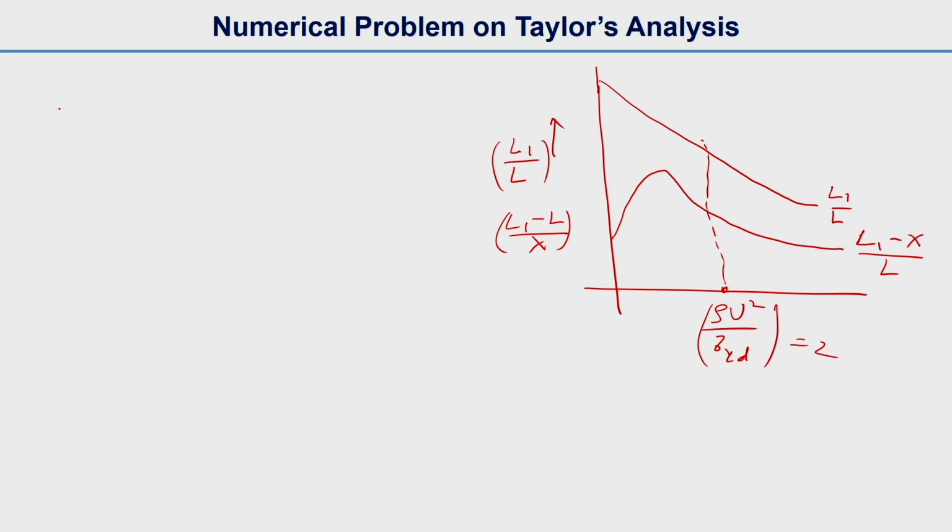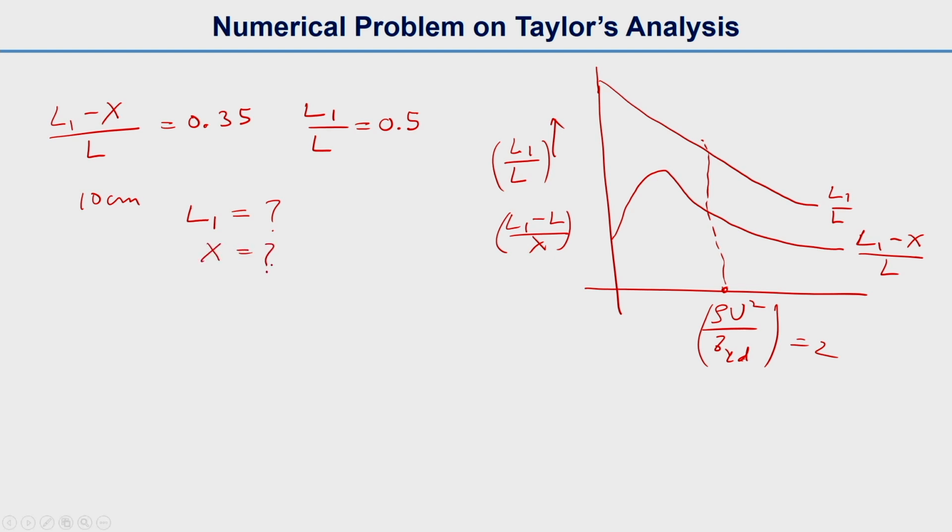So L1 minus x divided by L is found to be 0.35 from the plot that you can find in the book, and L1 by L is found as 0.5. We know the initial L is 10 centimeter, so from there you can find L1, and you can find x.